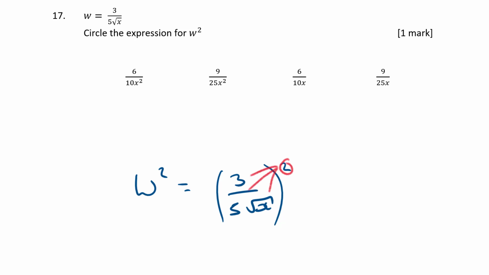So I'm going to square the 3, square the 5, and square the root x. So 3 squared is 9, divided by 5 squared, which is 25, times root x squared, and root x squared is just x. So I'm going to get 9 over 25x. It's that one.